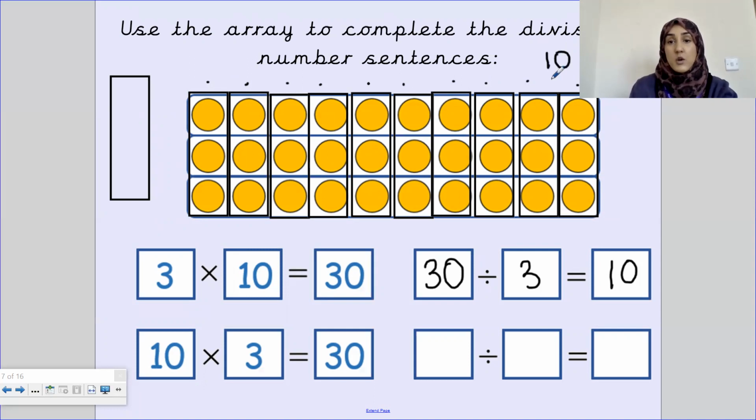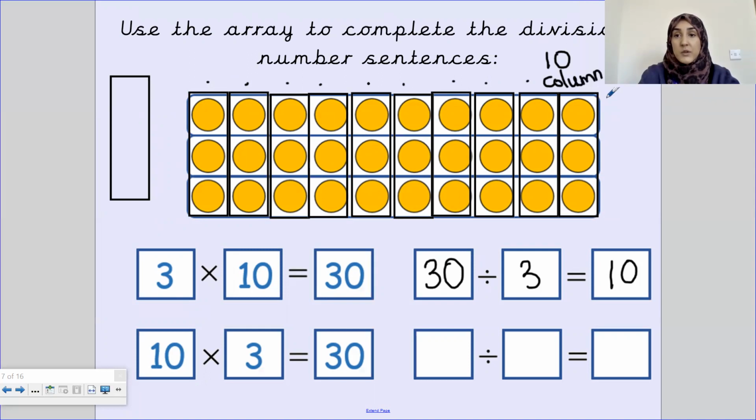There are 10 columns, and I'll put columns there. Columns, okay? I'm going to make myself a little bit smaller so I can fit in this because there is more than one column. So I need to put an s on the end, the suffix. Okay, 10 columns.